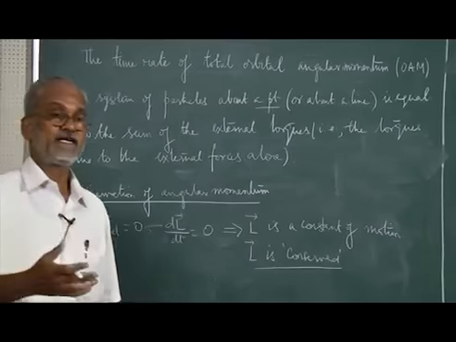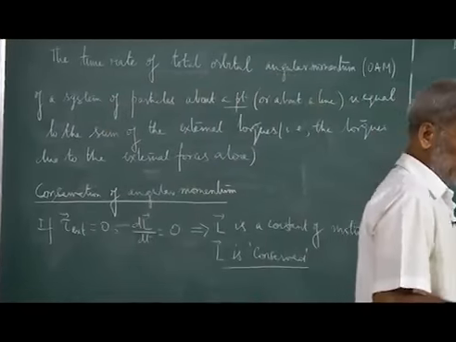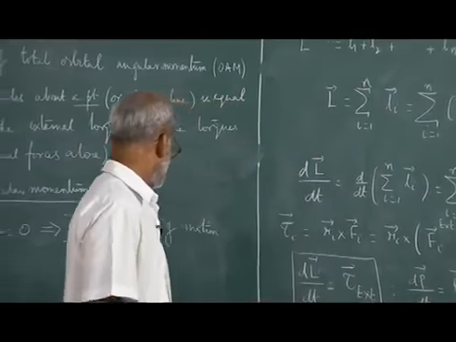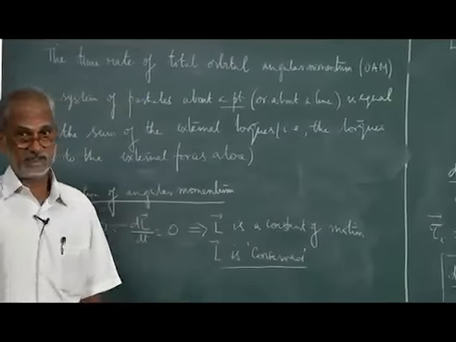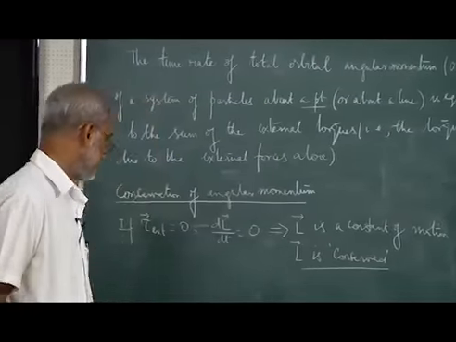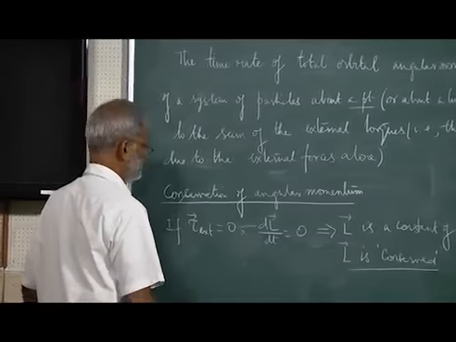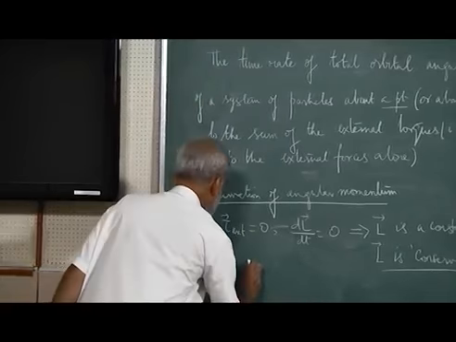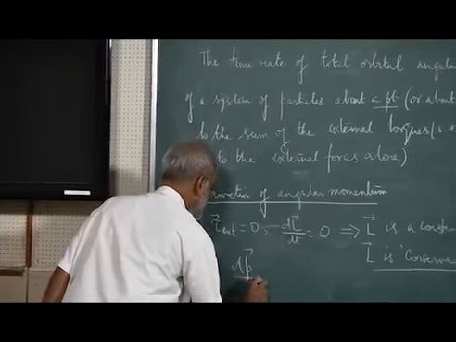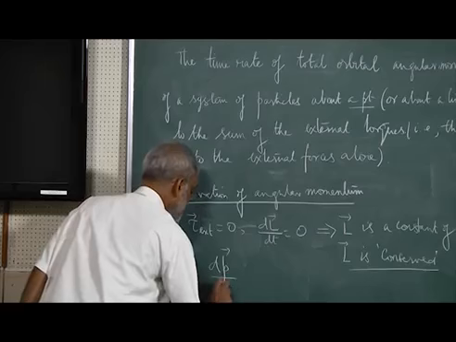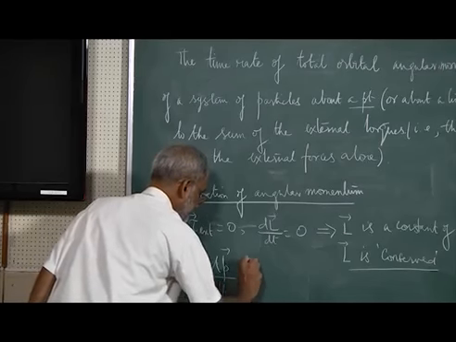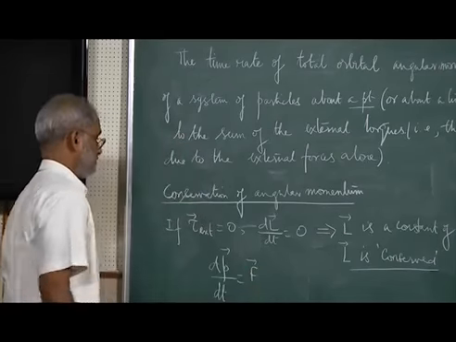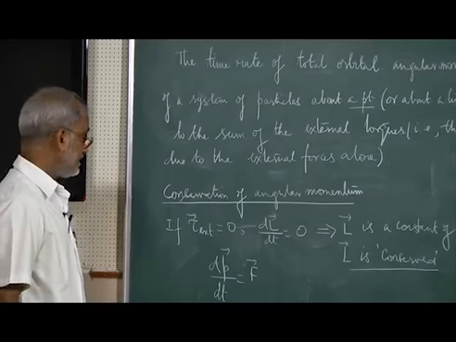Now, what is the natural question you would ask? You would like to compare this situation with the linear motion situation. So what do you have? dp by dt is what you call F, the force acting on it.